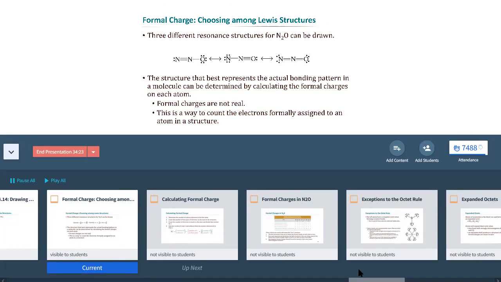So as far as the chapter 4 quiz is concerned, you'll need to know formal charge in the sense of formal charge helps us to pick the best structure when we seem to have an arbitrary choice that isn't resonance. And we'll talk about that on Wednesday.